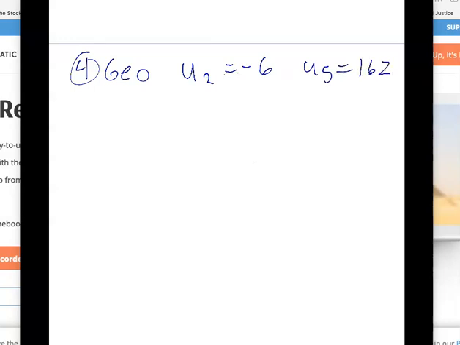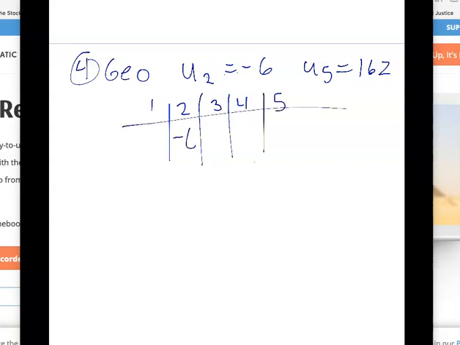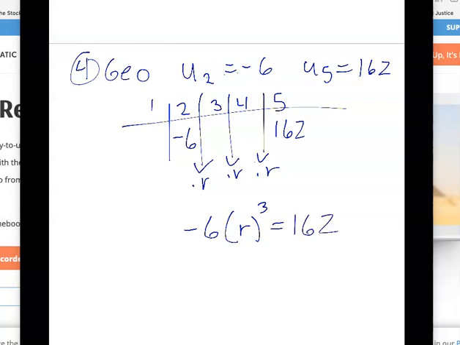And again, we have to find that nth term. Well, for one like this, I like to make a table. So we know that this is negative 6 and 162. And we know we're multiplying times a common ratio. So if we start at negative 6 times r cubed, we end up with 162.